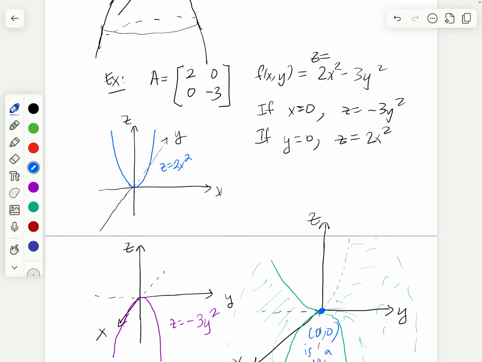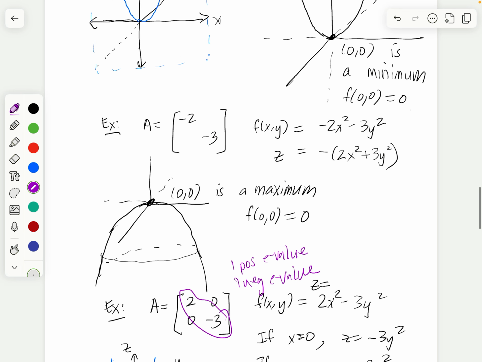And notice that it depends on the eigenvalues. In this case, we only looked at diagonal matrices. For the saddle point, you have one positive eigenvalue and one negative eigenvalue.